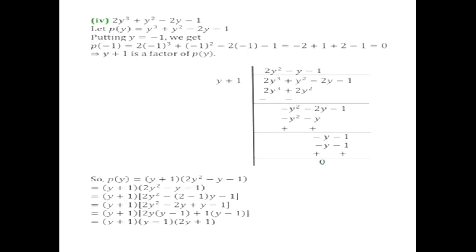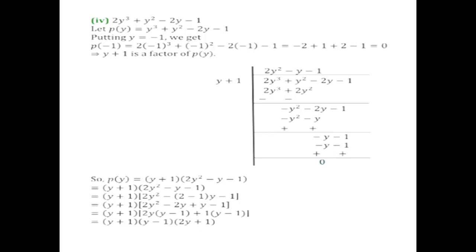Now, in the last step, what am I supposed to do? Yes, the middle term splitting of 2y squared minus y minus 1. When it is middle term split, all that you will get is two factors. One of them is y minus 1 and the other one is 2y plus 1.